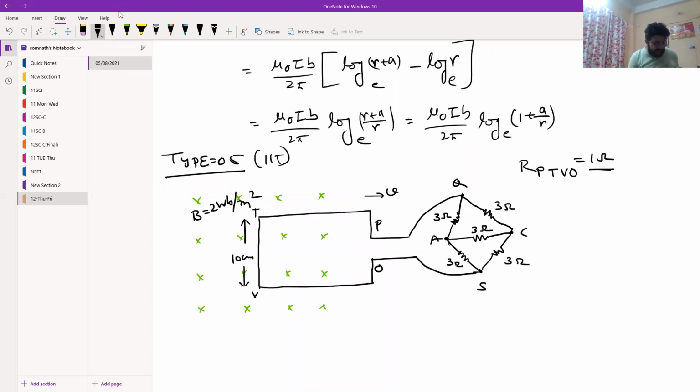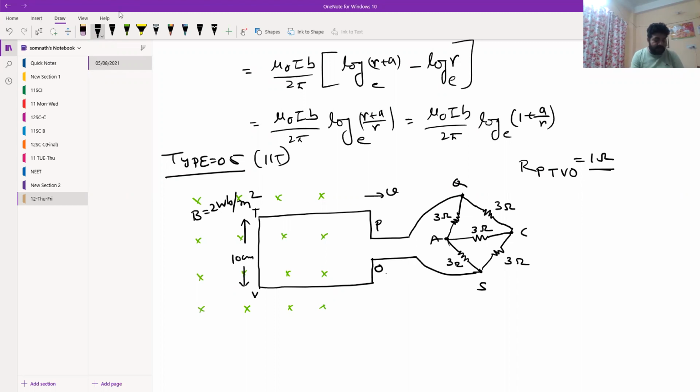The loop is connected to a network of resistances, each of value 3 ohm. The resistance of the lead wires OS and PQ are negligible, meaning no resistance is there.